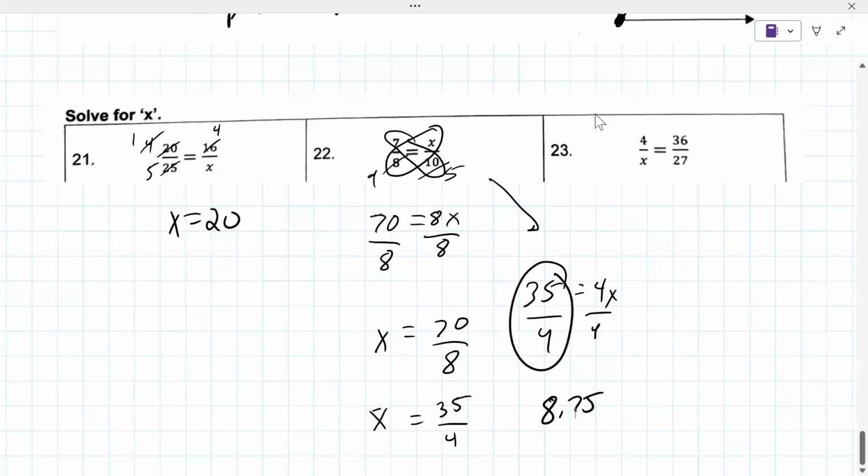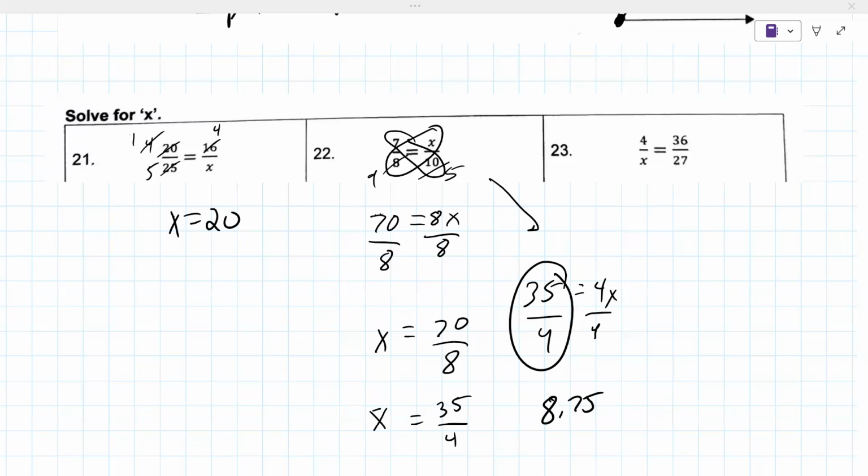All right, so do the last one there. The last one does work out nicely. You could reduce those two. So 1 divided by 36 is... wait, 4 divided by 36. 9.